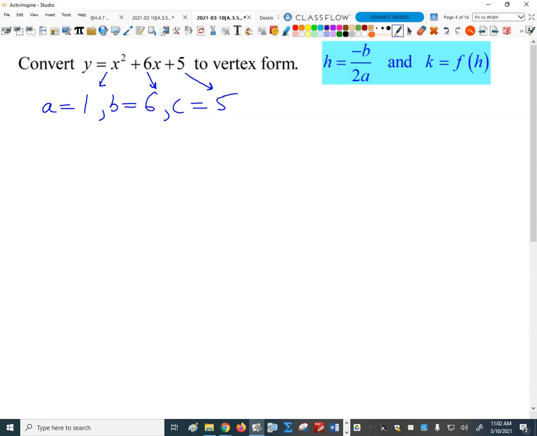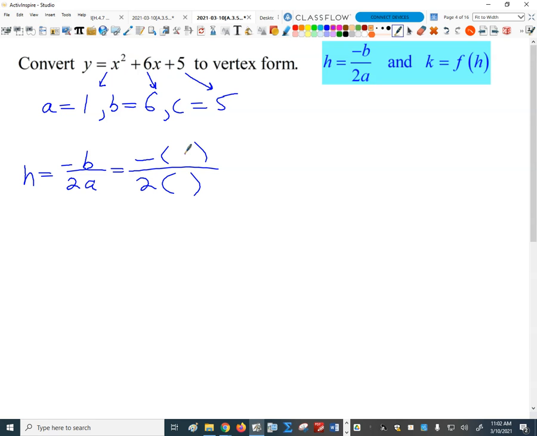Okay, everybody, I guess I already gave you the formula here, so that's not going to have you write that down. There's my formula for calculating h. Negative b over 2a, right? And so I'm just plugging in values for b and a.